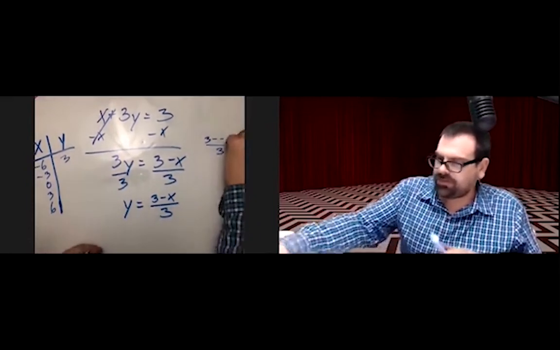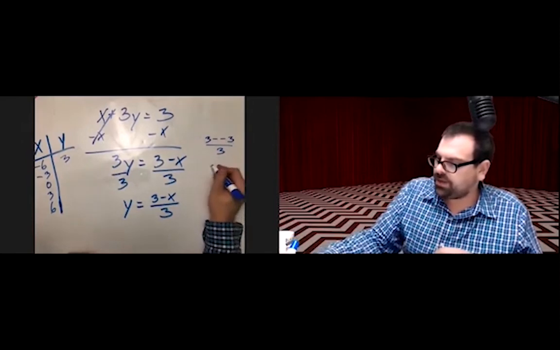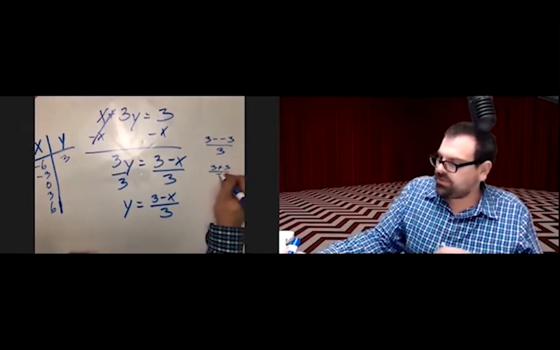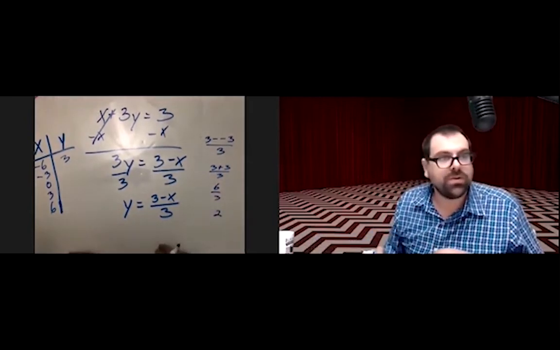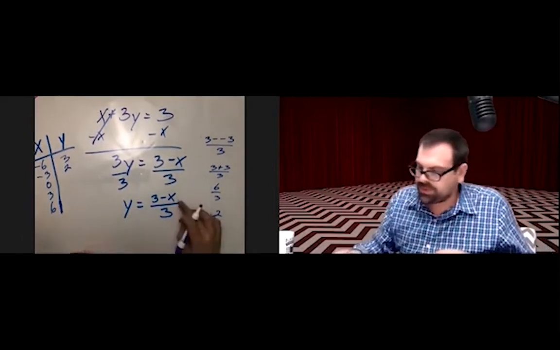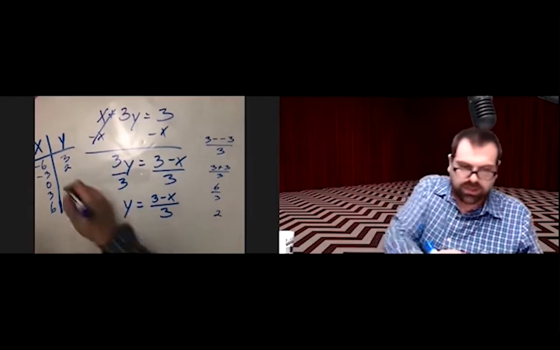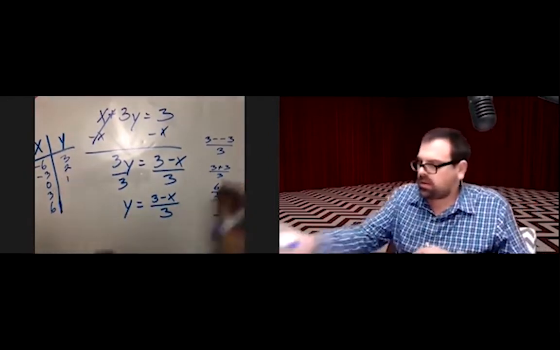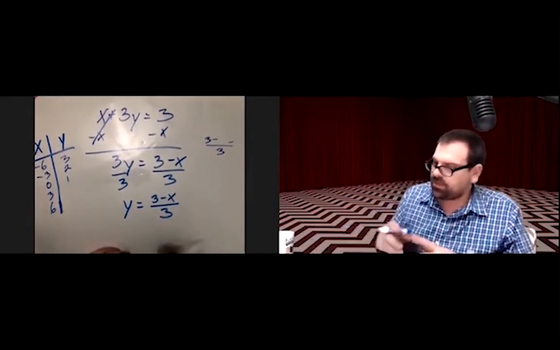If I plug -3 in, 3 minus -3 is 3 plus 3 over 3, which is 6 over 3, which is 2. If I put 0 in, 3 minus 0 is 3, 3 over 3 is 1. So 3 minus x over 3.